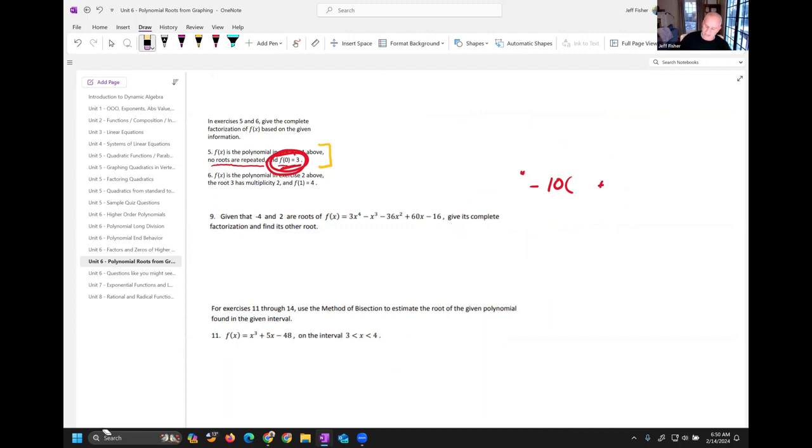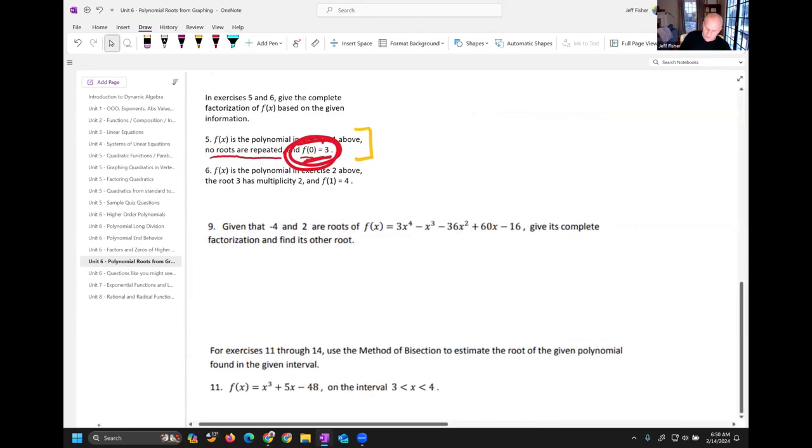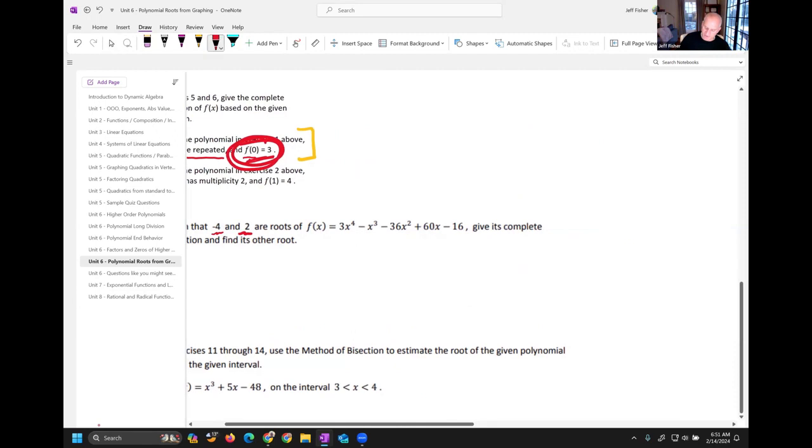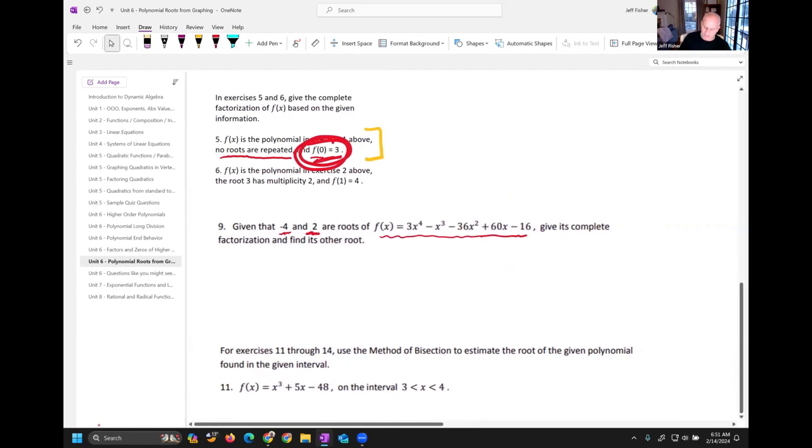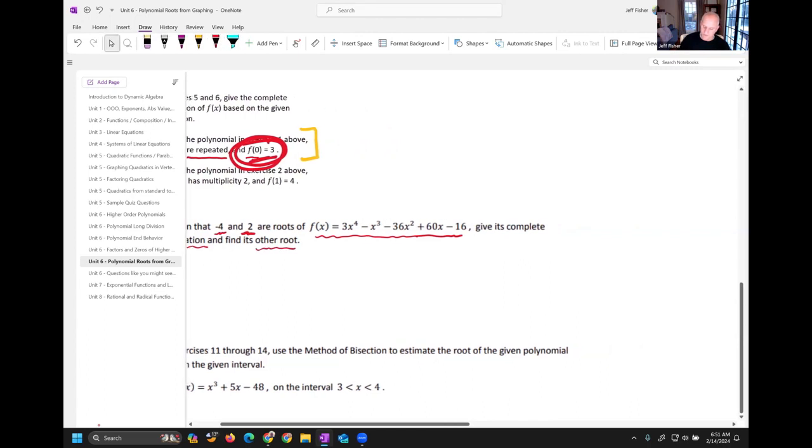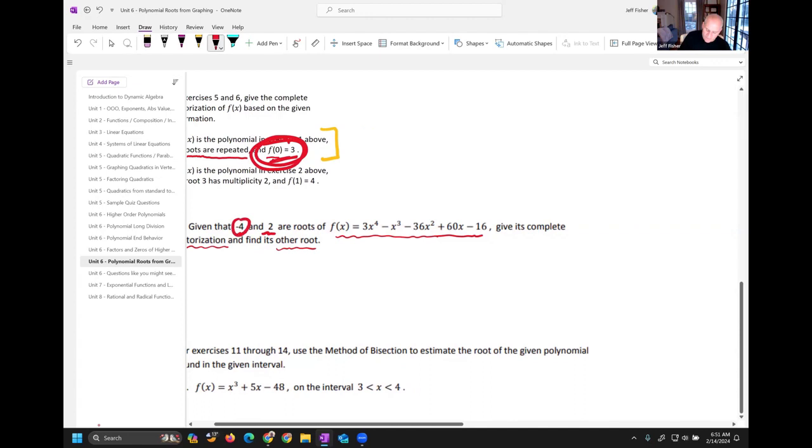Given that -4 and 2 are roots of this polynomial, give its complete factorization and find its other root. Well, if -4 is a root, what is its factor?